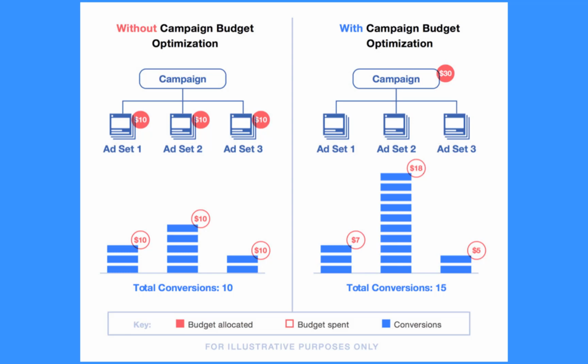So that's what happened. Then Facebook introduced CBO, which is campaign budget optimization. I could still remember when they introduced this, I think in 2019, and they even stated they will make it mandatory for advertisers. By default, you'll not be able to set your budget at the ad set level, it will be at the campaign level.